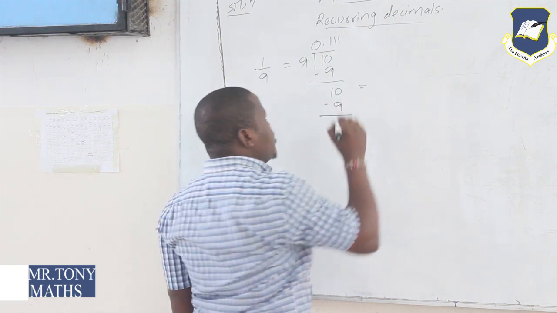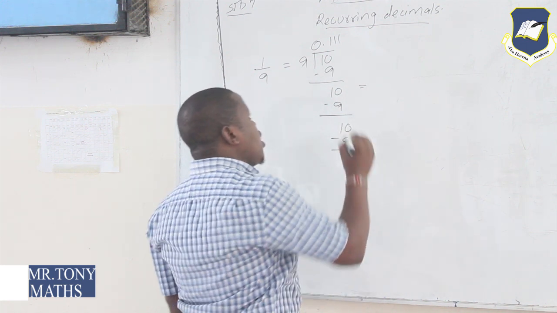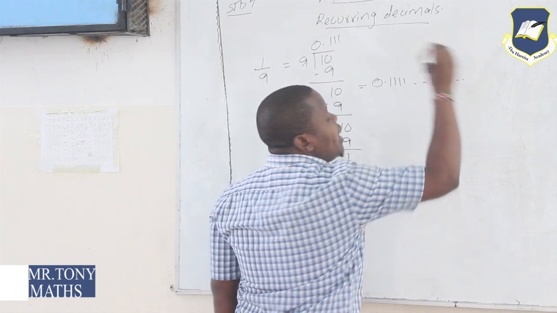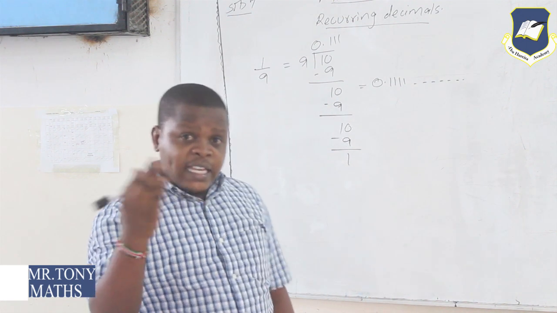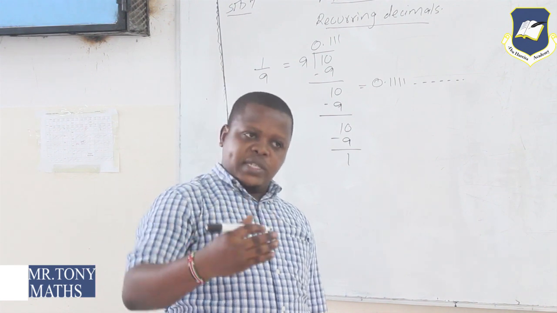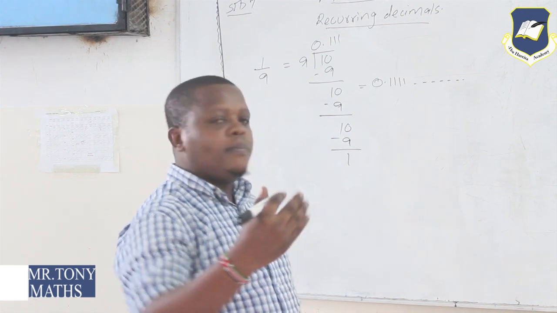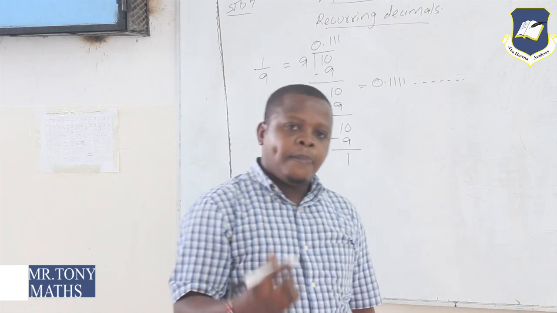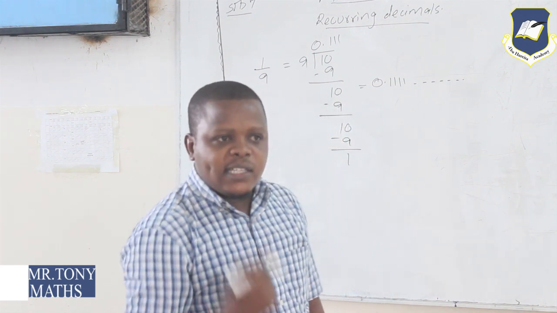If we were to have that answer as long as possible, you could be having 0.1111, where the digit 1 keeps on repeating itself. In this case, the digit that is repeating itself is shown by use of a dot. In our division, 1/9, it is only digit 1 that is repeating itself.